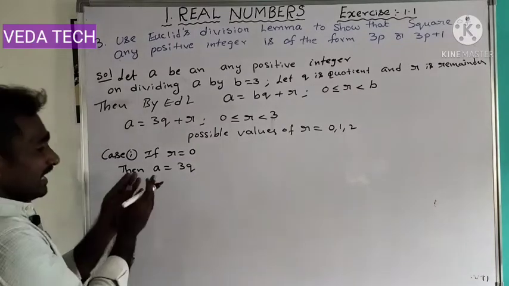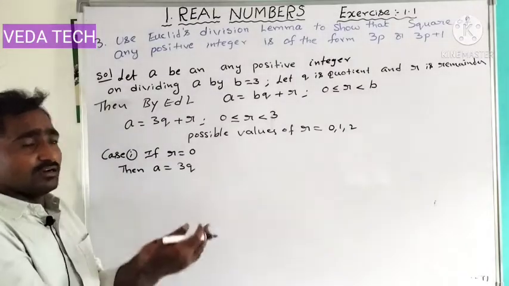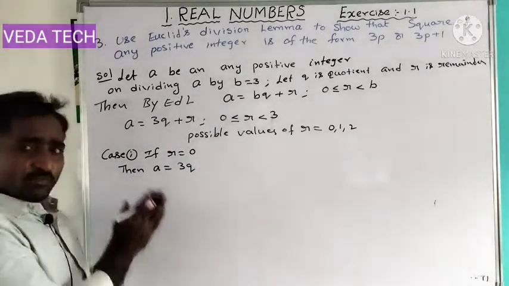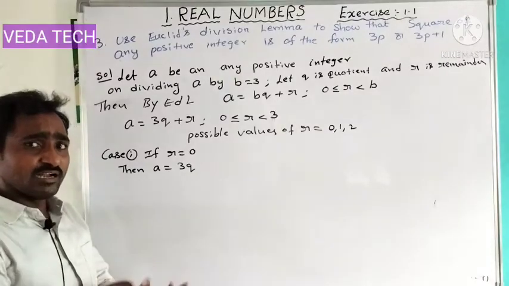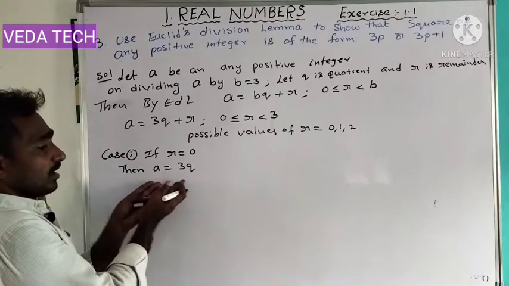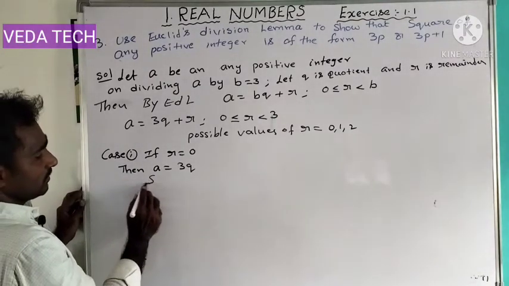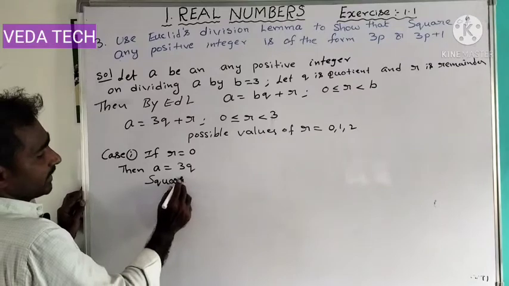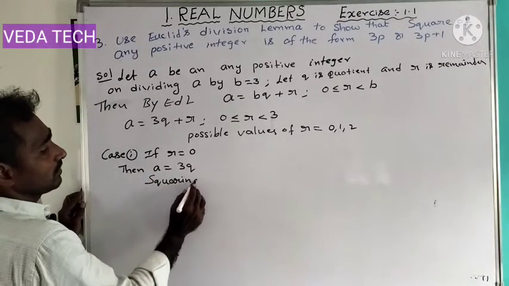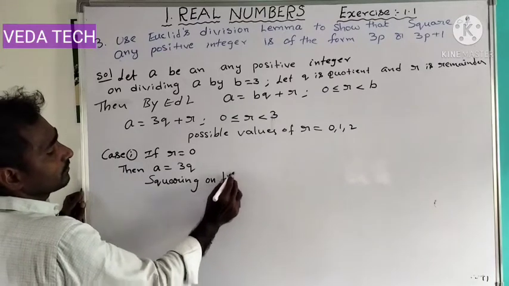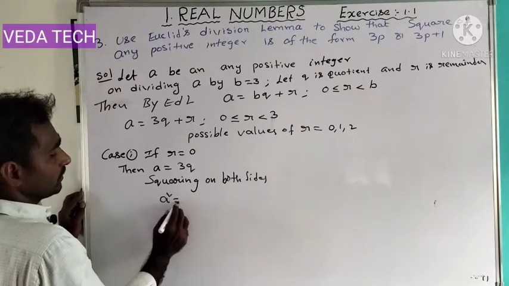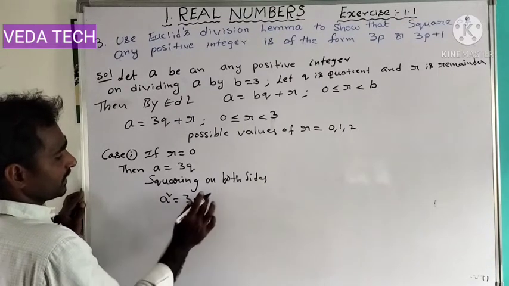Now a is a positive integer, but we want a square. So squaring on both sides, a square is equal to 3q whole square.